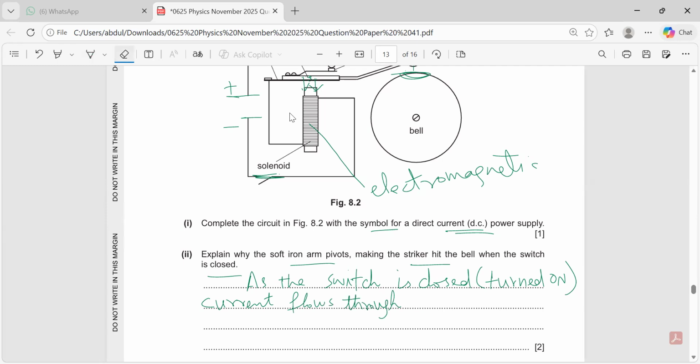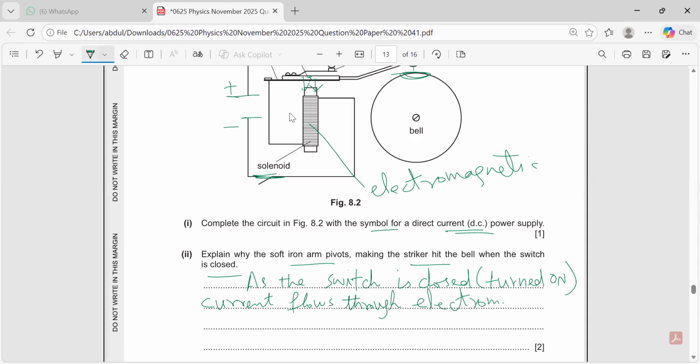Current flows through the electromagnet, and we know an electromagnet is a temporary magnet. It is magnetized, and then this electromagnet attracts the iron armature.